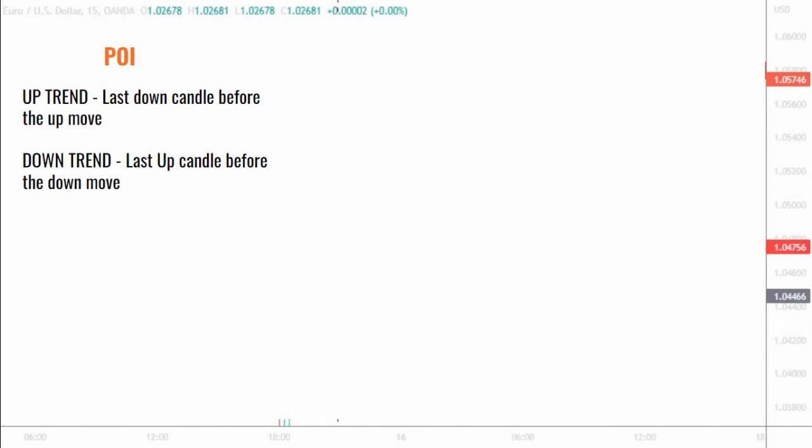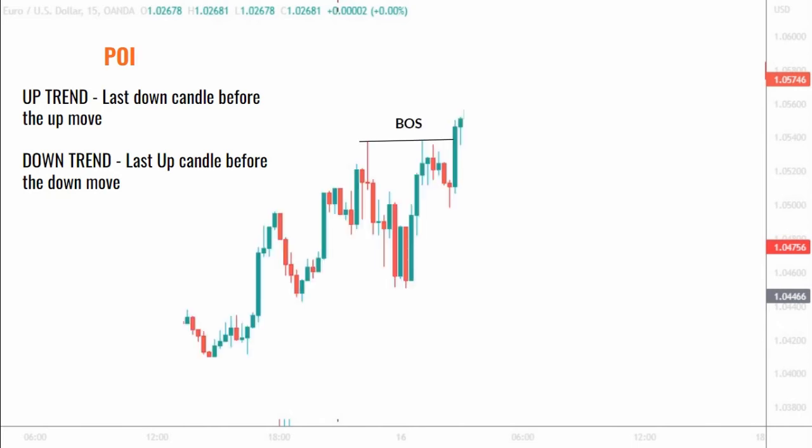So let me give you guys an example. Let's say that we have a chart right here, right? The previous chart that I showed you. So we have a break of structure, we have a trading range, and we have established which market structure we are in. So now in step 4, you need to identify your POI.